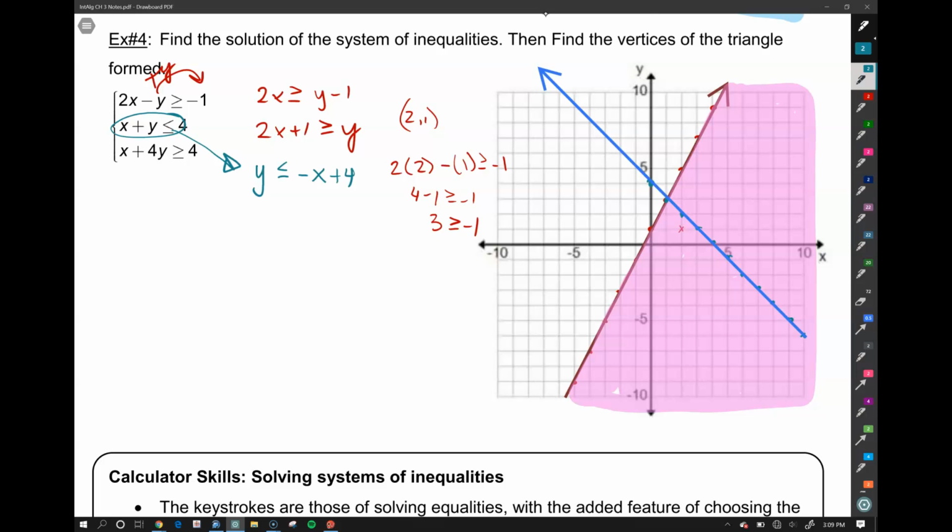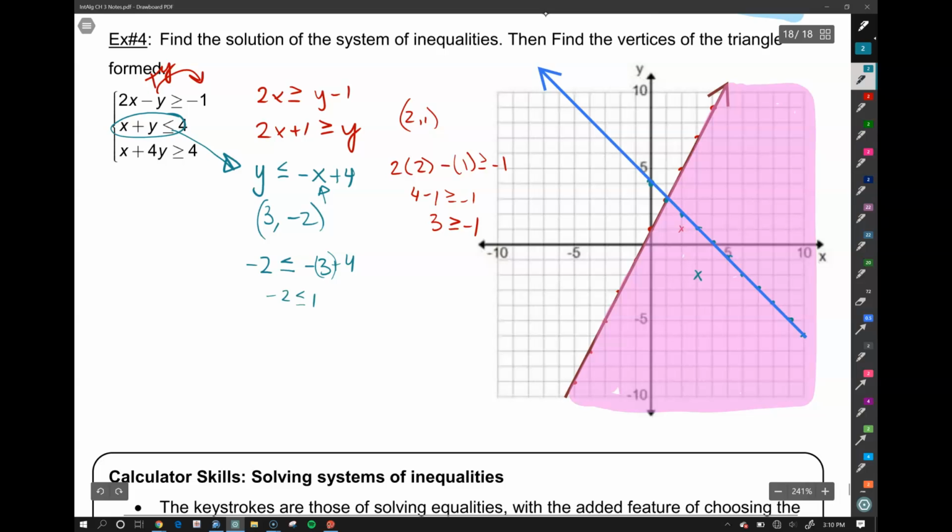Alright, Carly, you want to pick a point, just any point as long as it's not on that blue line? 3 and -2. 3, -2, so right here. Perfect. So I'll plug this in. Is -2 less than or equal to -3 plus 4? Because I plugged in 3 right in for x. Is -2 less than or equal to 1?